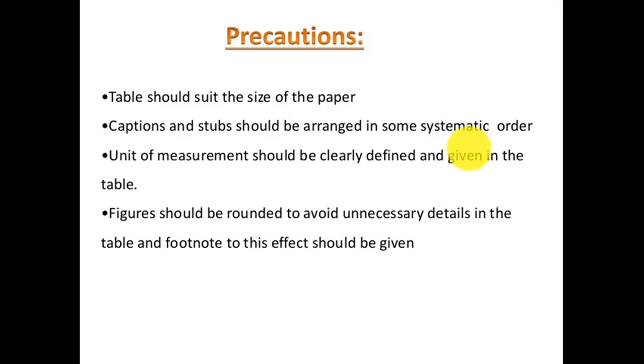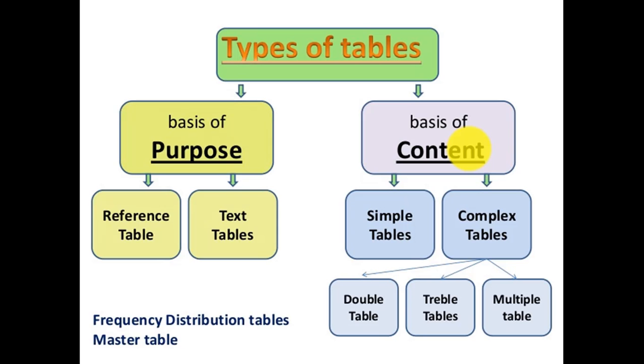Now, there are two types of table. First, on the basis of purpose. We create tables on two bases. First, on a particular purpose, that is basis of purpose, and another is basis of content.